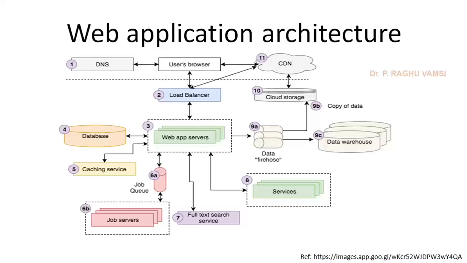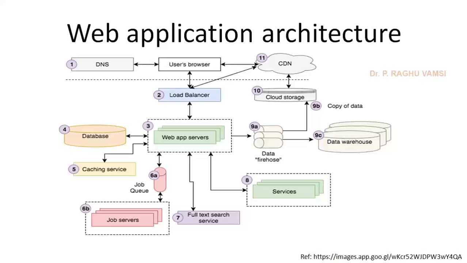The load balancer usually goes for balancing of the user requests. That means as the number of user requests increases, it has to handle them and communicate to the web servers in a sequential way, or in the way that it receives them. So this load balancer will send the given request to the web application servers.